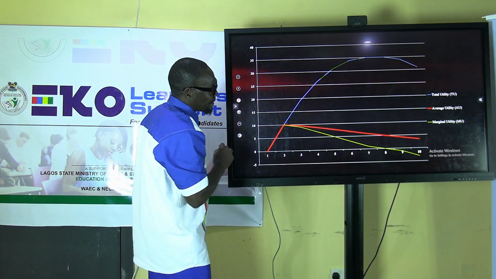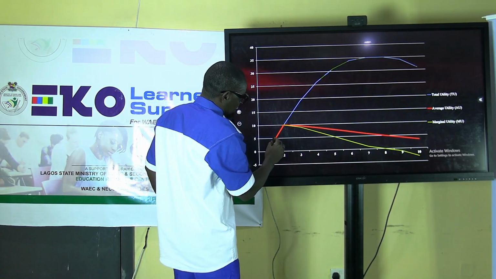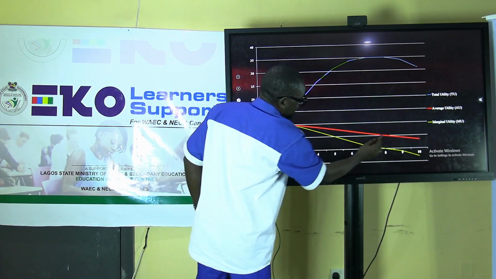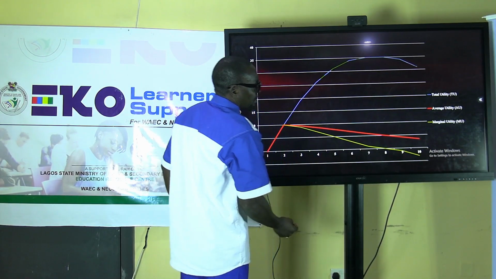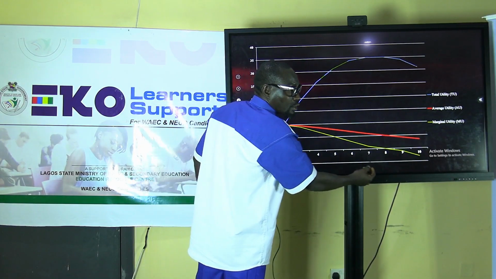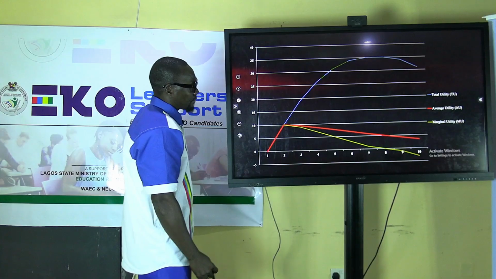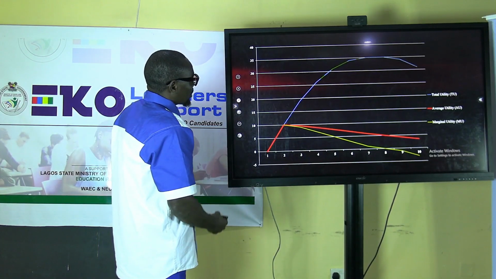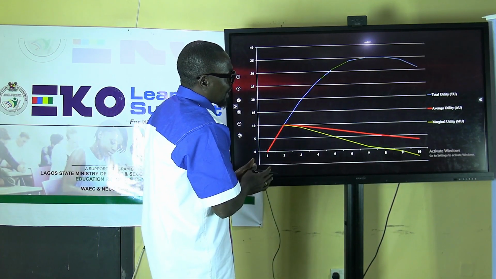Average utility also typically rises and then falls. And marginal utility is typically downward sloping. So what is the relationship?